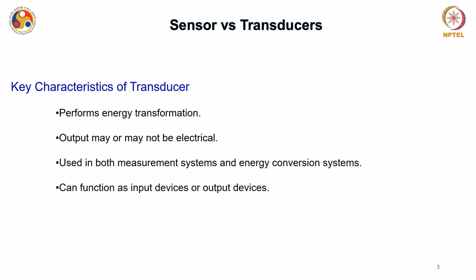They are used in both measurement systems and energy conversion systems. In our course, we will mostly see them as a part of a measurement system, and they can function as an input device as well as an output device. When I say output device, it means any form of energy will be the input and the output will be in electrical terms, because we are discussing this in an electrical course.